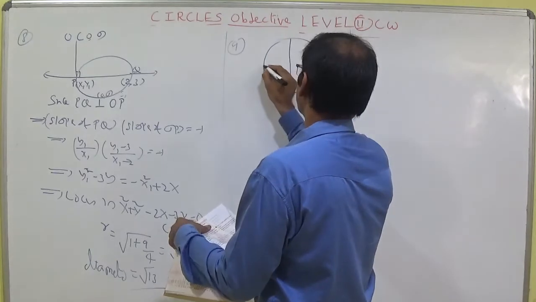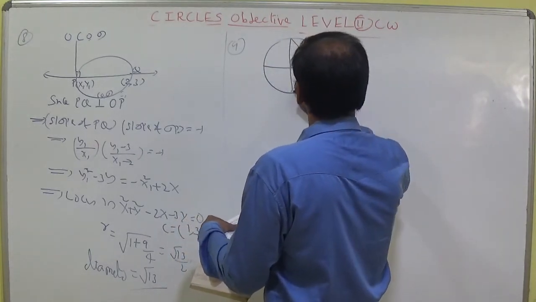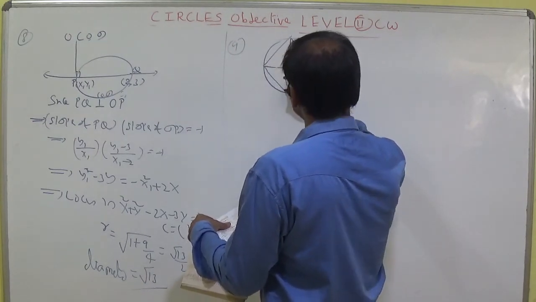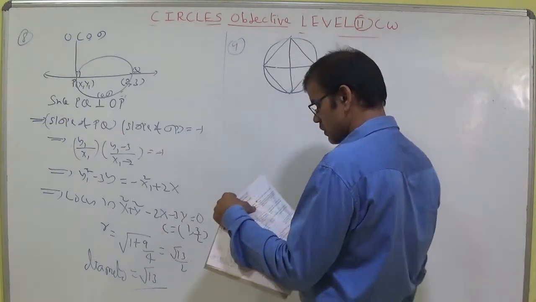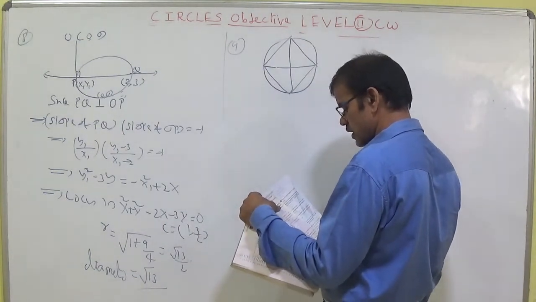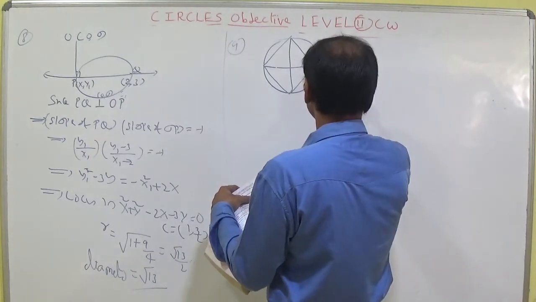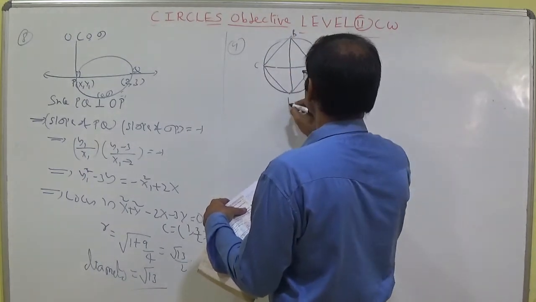These are diagonals of the square parallel to axis. Put this is A, maybe it is in Q1, put this is B, this is C, this is D.